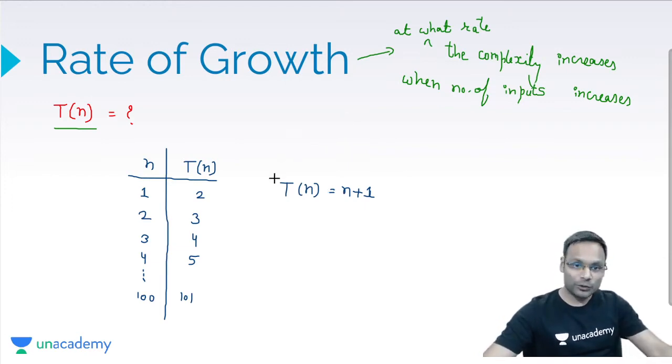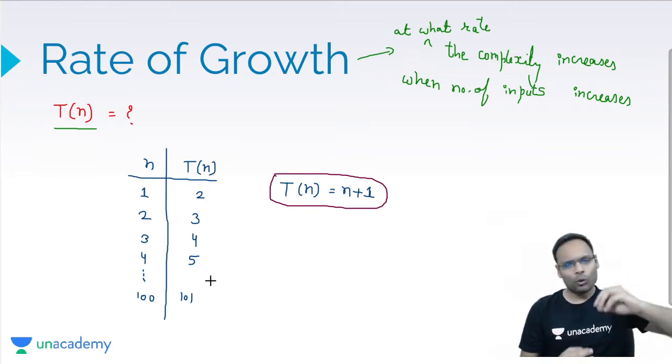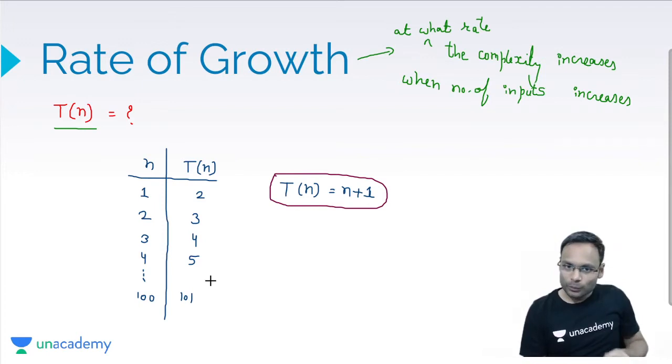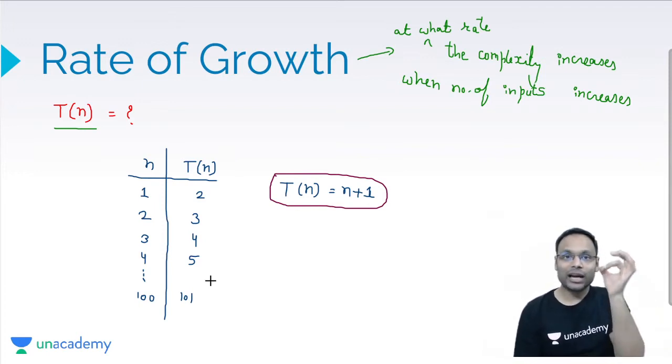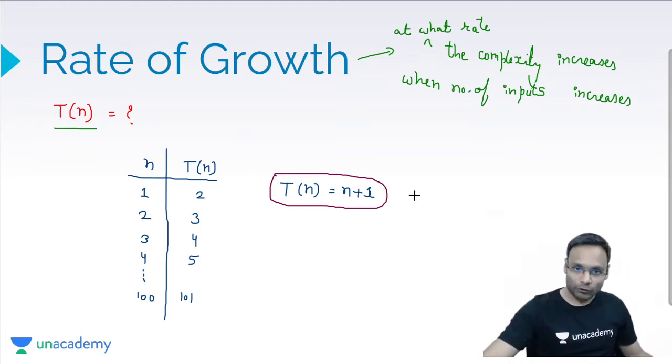What is the advantage of using this rate of growth, a function, instead of just giving the concrete value? It can define the generalized value. Any value of n you give me, I will return you the appropriate number of steps in terms of this rate of growth.